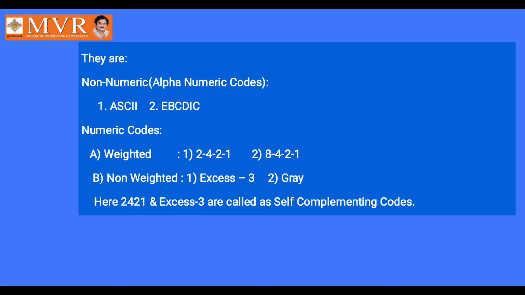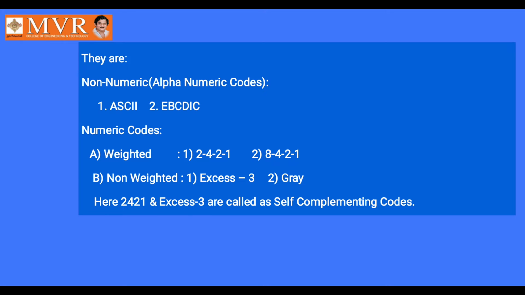One is non-numeric number systems, also called alphanumeric binary codes, which include ASCII and EBCDIC. The second category is numeric codes.